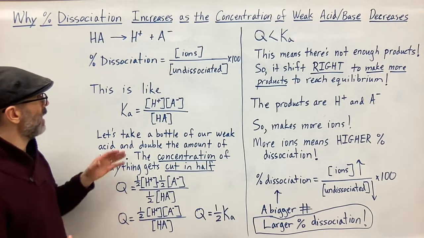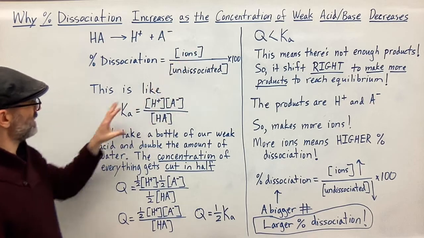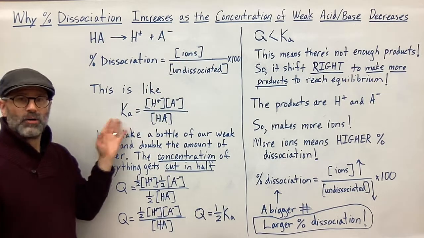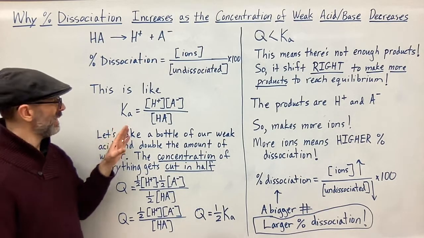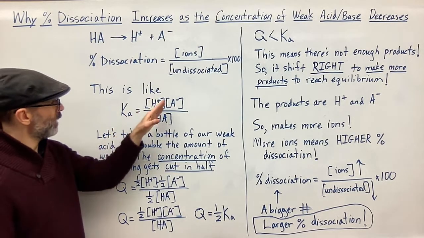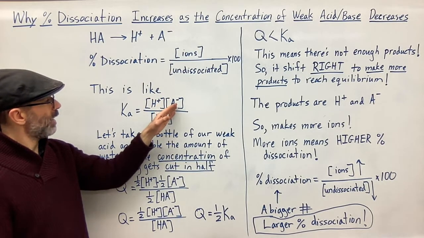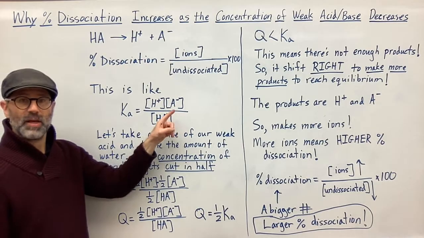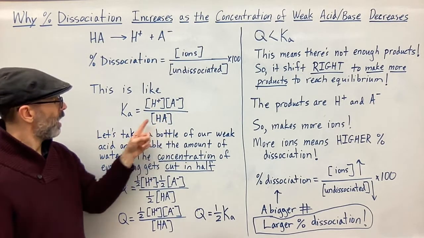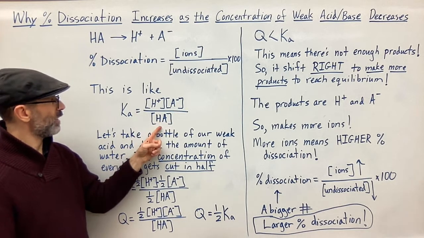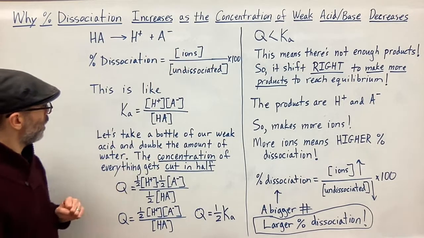So you can see that this percent dissociation equation is like the Ka, right? So your Ka value, the equilibrium constant, is the concentration of the ions, H plus, times A minus, the anion that's left over after the ionization, divided by the concentration of HA, which fits this kind of equation here.